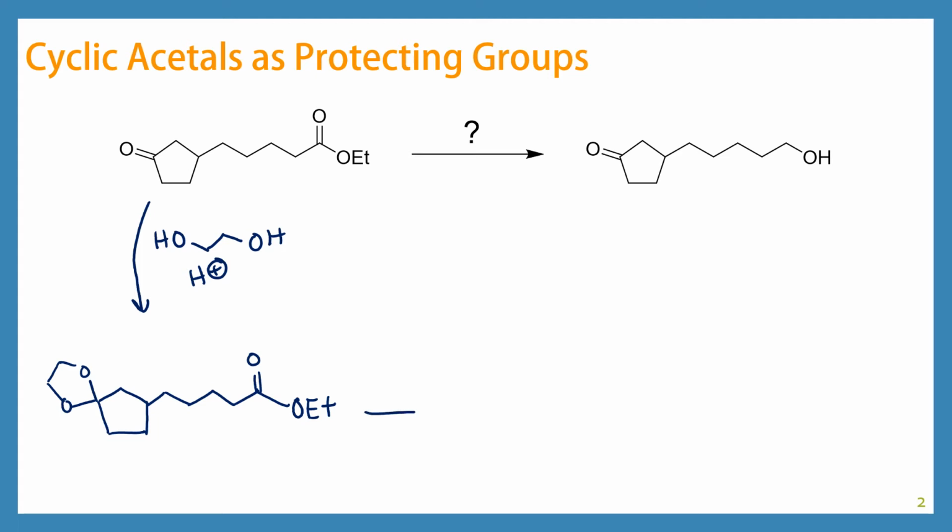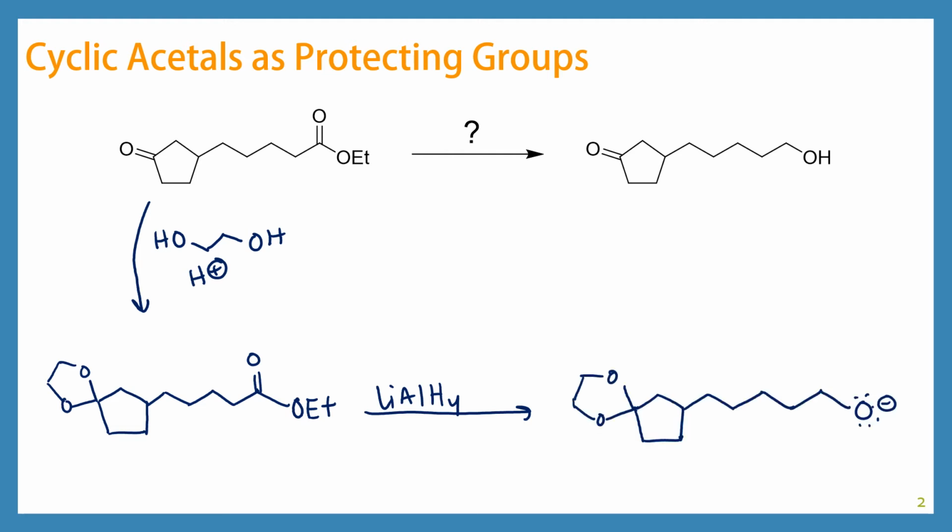From here, we can react with lithium aluminum hydride, and we don't need to worry about the acetal because these are basic conditions and acetals are base stable, meaning they will not react in basic conditions. And when we do this, we end up with an alkoxide formed from the ester, and our acetal is still present.